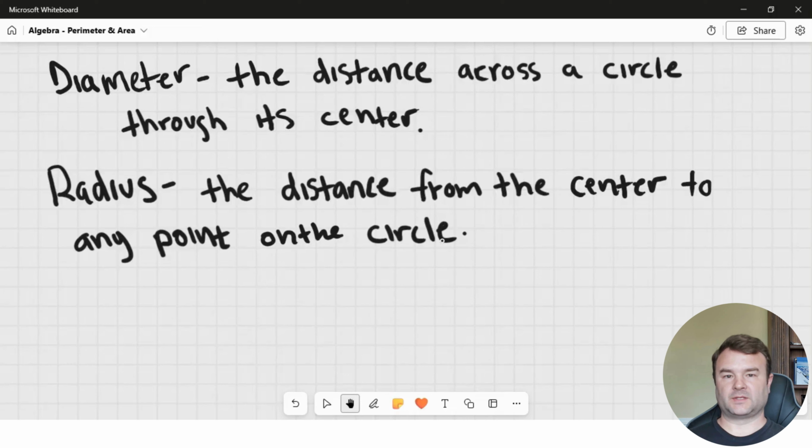Great. So now we've defined all the vocabulary words that we need for today's lesson, and let's go ahead and start applying these definitions to the shapes I mentioned above.